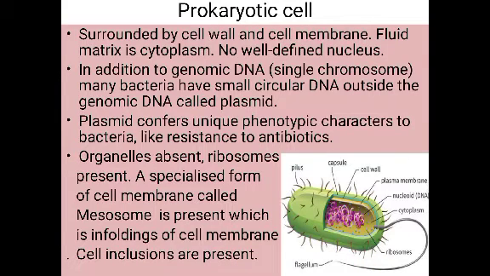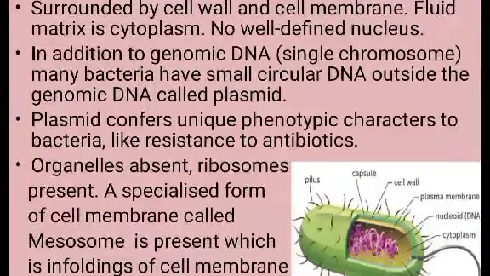When we see about these prokaryotic cells, they exhibit a wide variety of shapes and functions even though they are fundamentally similar. The prokaryotic cells are surrounded by a cell wall and a cell membrane. Inner to the cell wall, a cell membrane or the plasma membrane is present.